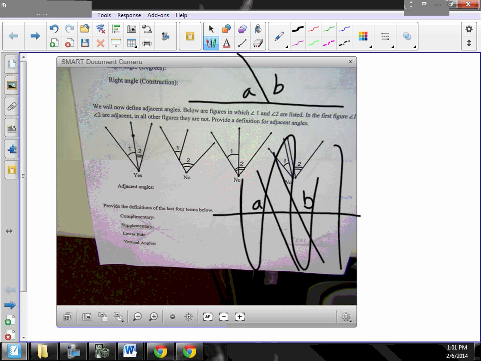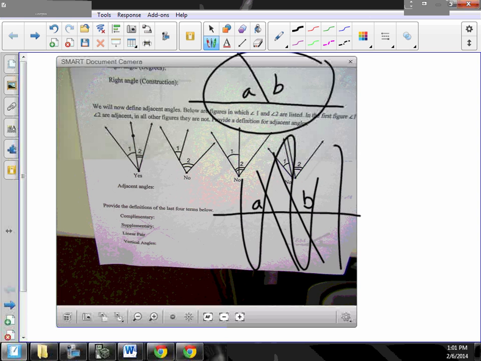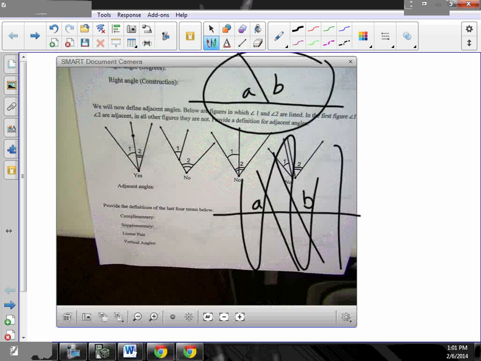But is it good to know that something is both supplementary and adjacent? Yes. A lot of the time it's good to know. So instead of changing the supplementary definition, we write a new definition called, what's it called?